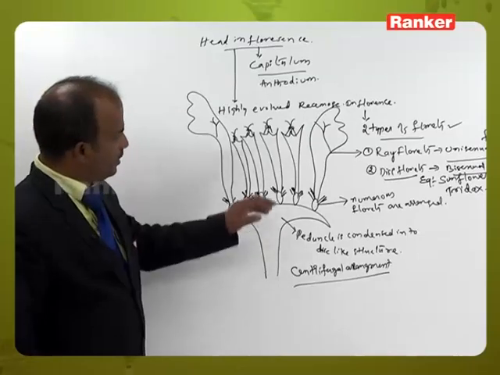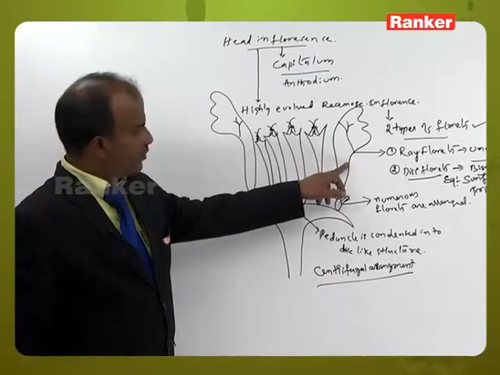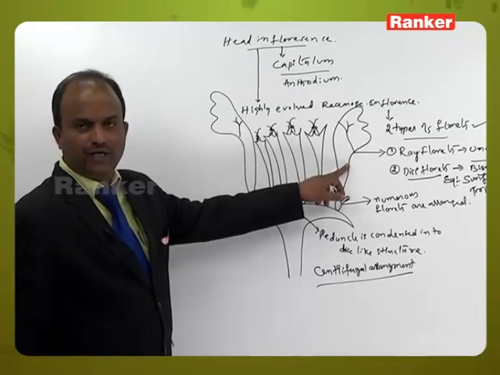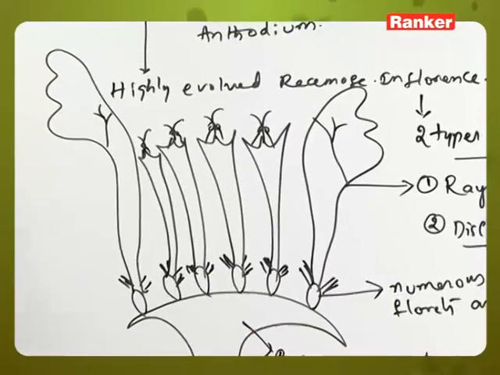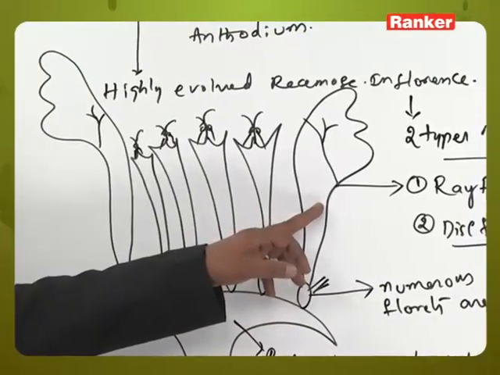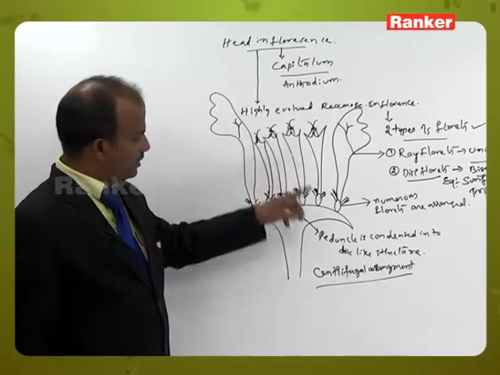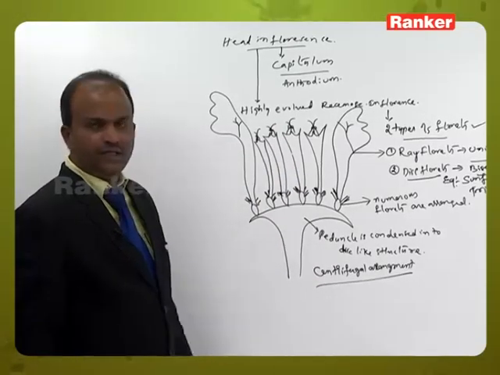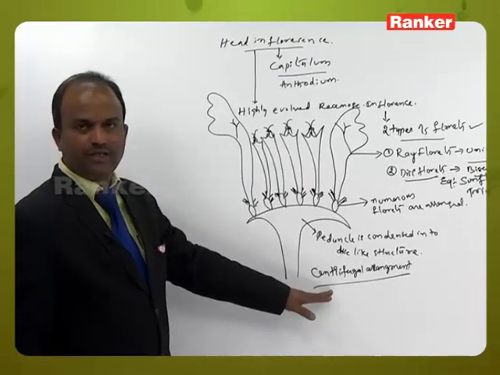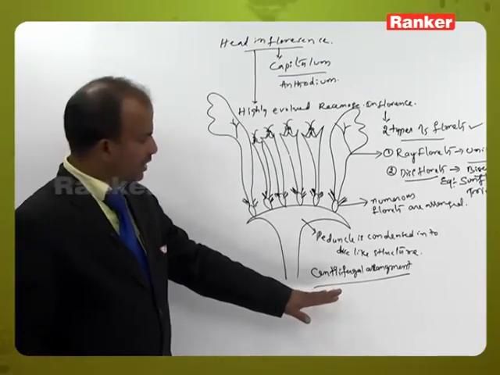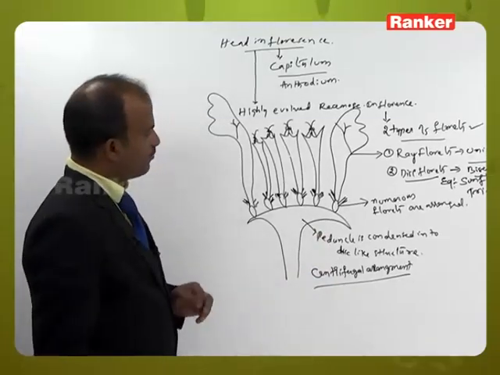Centrifugal arrangement means older florets are present towards the periphery, and younger florets are present towards the center. That's why it is called centrifugal arrangement.